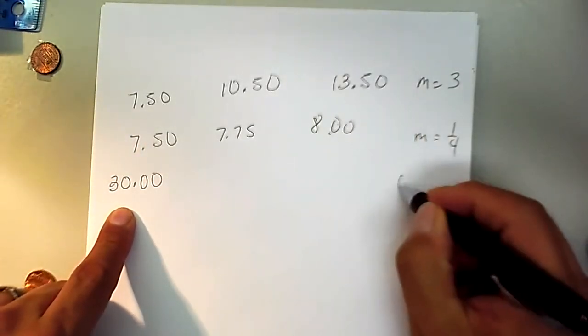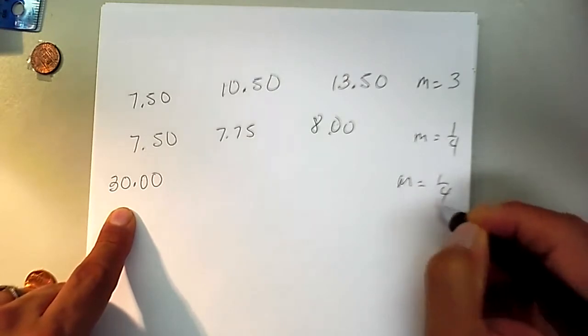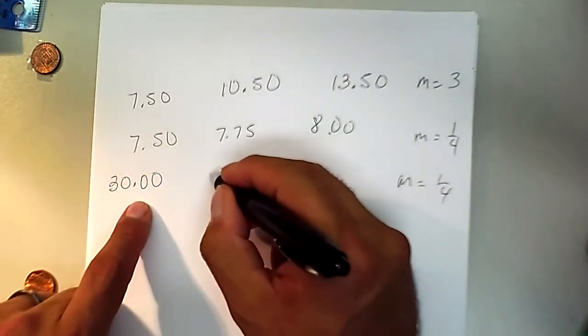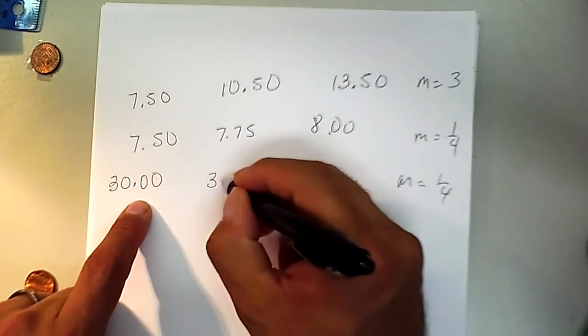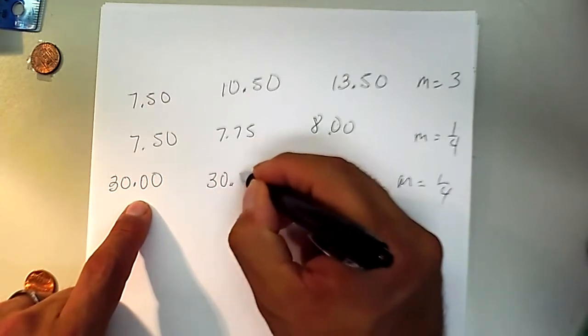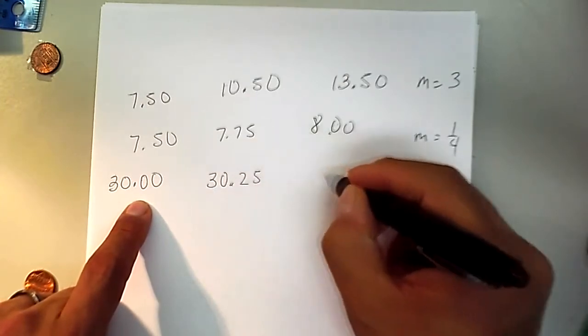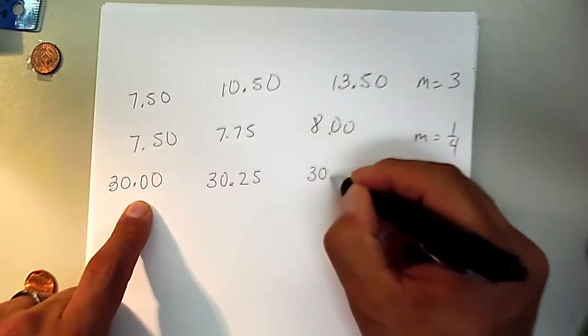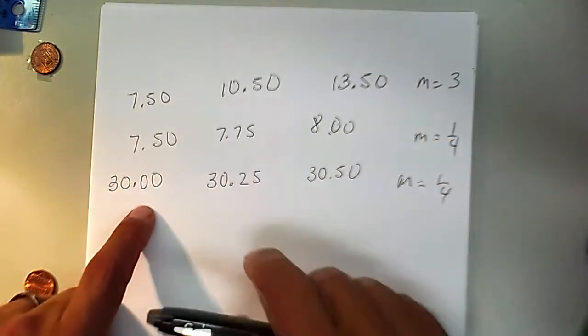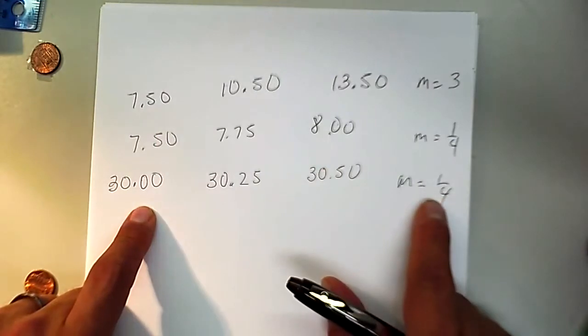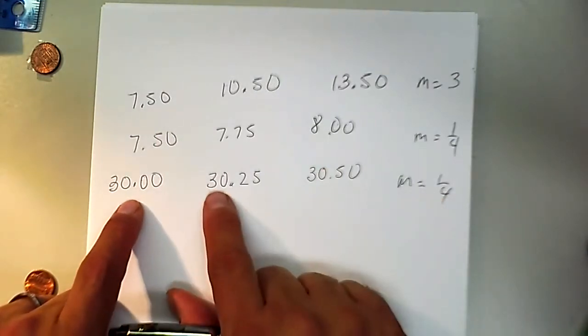So let's put a slope of, again, 1/4. So after 1 year, instead of making $30 an hour, we could be making $30.25 or $30.50, and so forth. So the slope doesn't have much to do with the output itself.